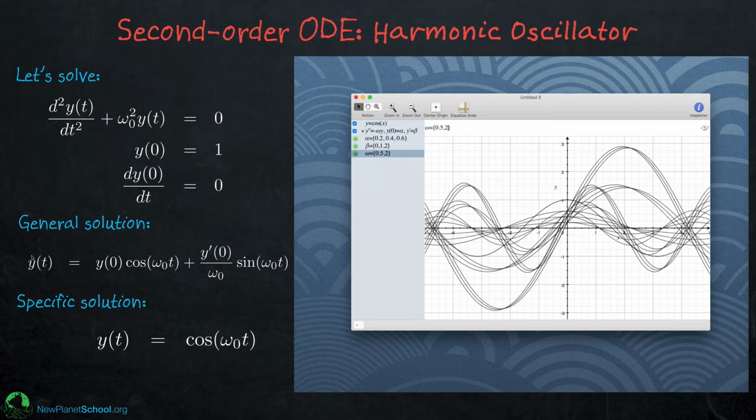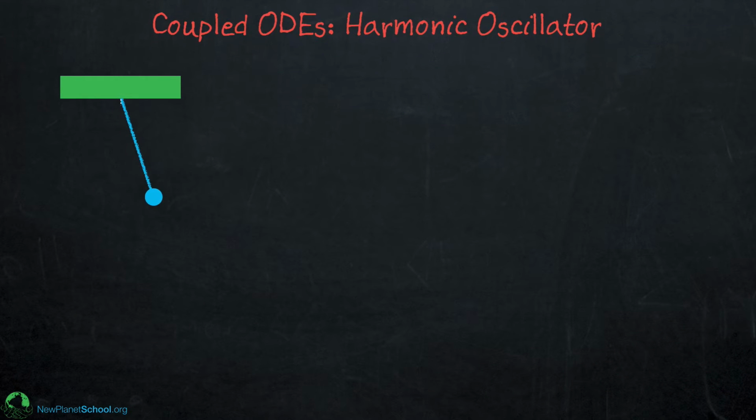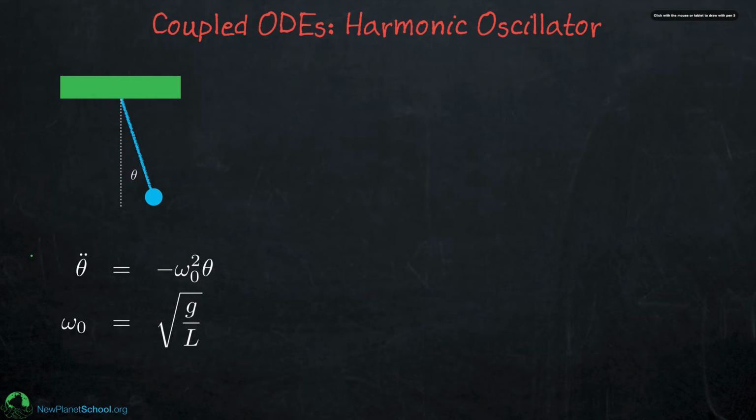Okay, moving on. Let's go to a real physics example, which is a harmonic oscillator. And this is going to illustrate coupled ODEs. Now keep in mind that this example is the same equation as we just looked at, but now it's going to be in terms of slightly different variables. Okay, so what I'm going to do is I'm going to write it this way.